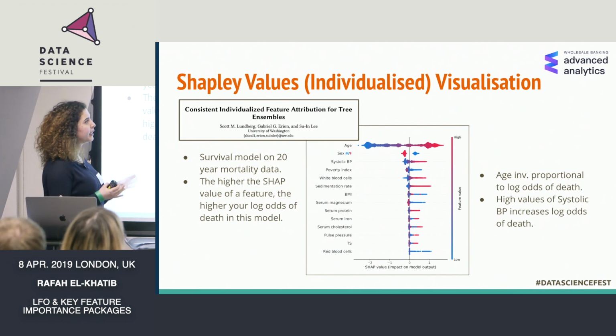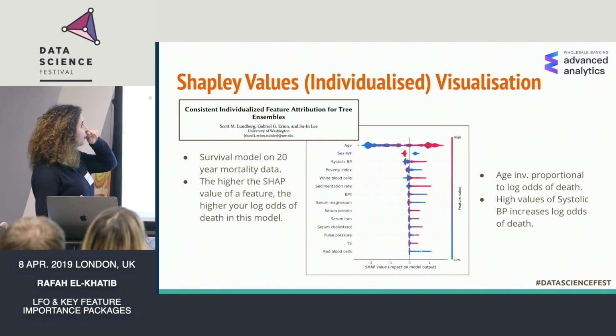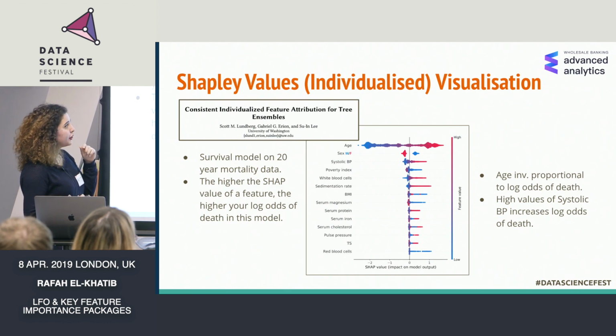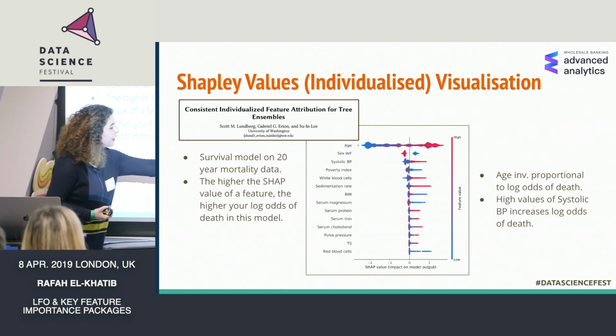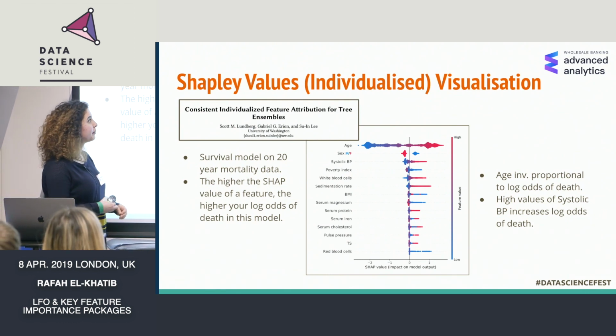To show you what they output, this is just one of their many really cool visualizations. This plot is from the paper of the developers of the Shapley values version optimized for trees. They're trying to predict survival on 20-year mortality data. The higher the SHAP value on the x-axis, the higher the log odds of death for the person.